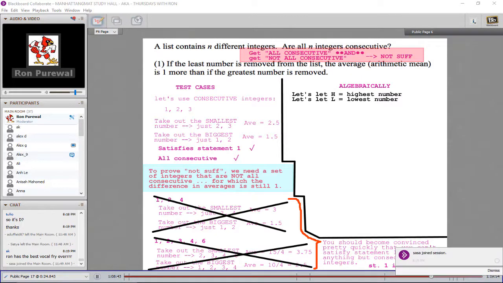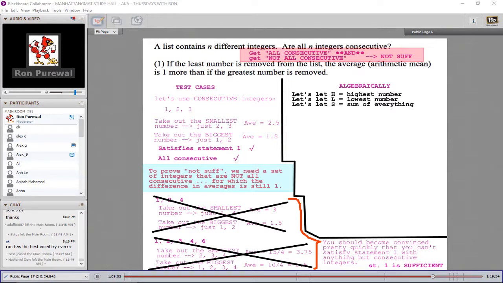Then we have these averages. Notice the average is the sum of everything in the set. So let S be the sum of everything in the whole set. And let's just see where this goes.